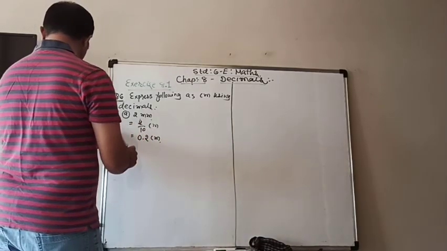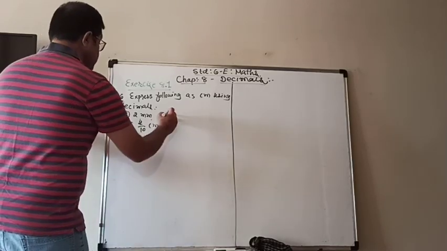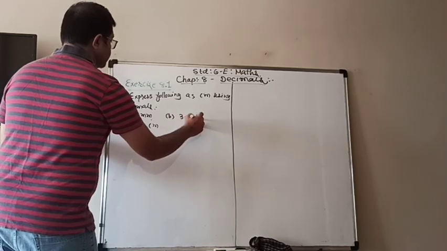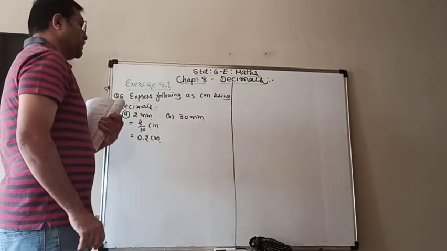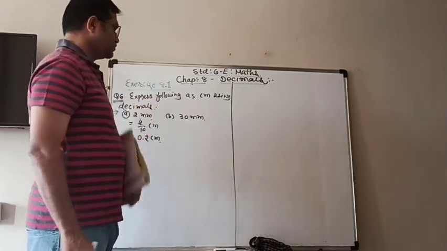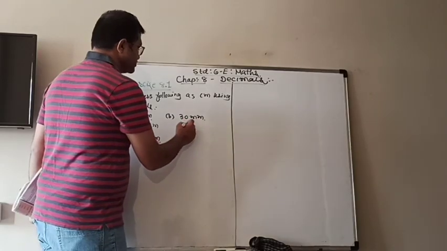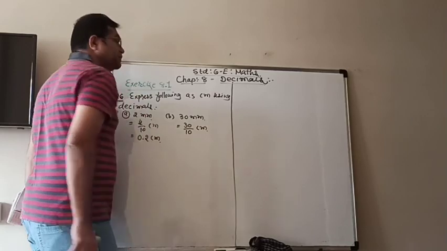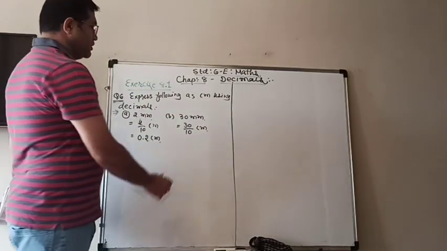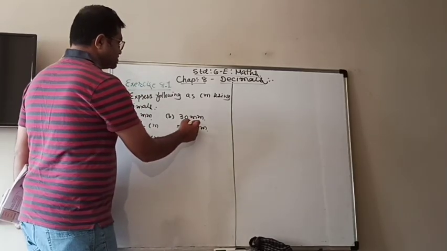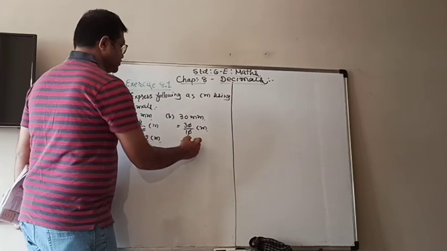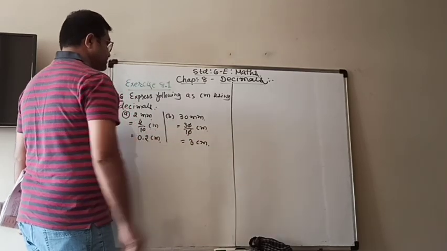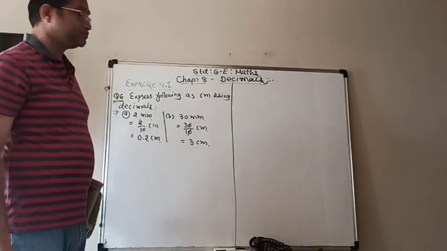Next, B is 30 millimeter. Now 30 millimeter is 30 upon 10 centimeter. When we simplify, zeros are cancelled. So 30 millimeter is 3 centimeter.